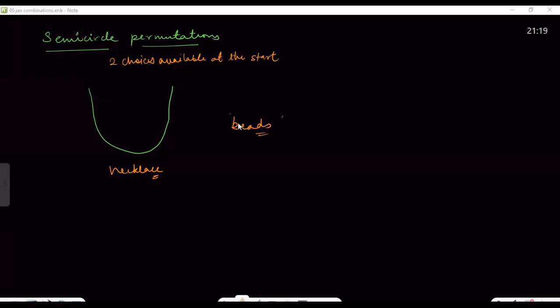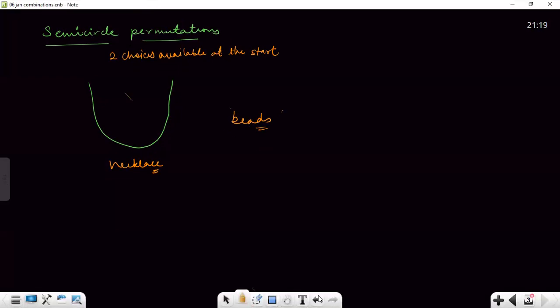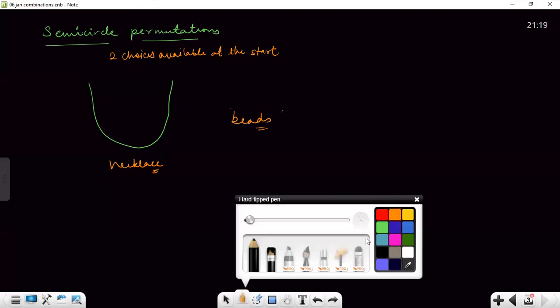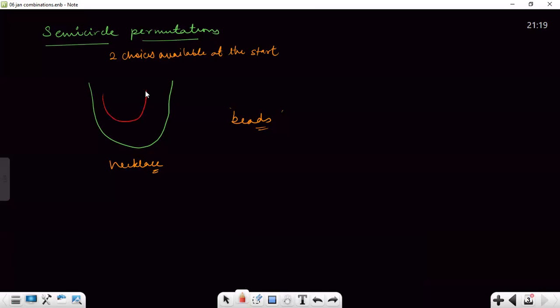Beads of a necklace. Yes, yes. So beads can be arranged in two manners. One is that we may insert them in this direction, which is anti-clockwise.